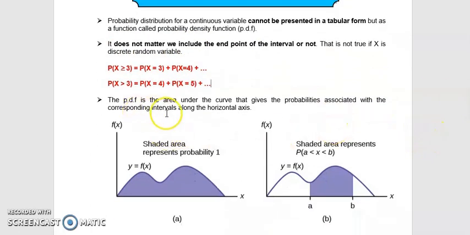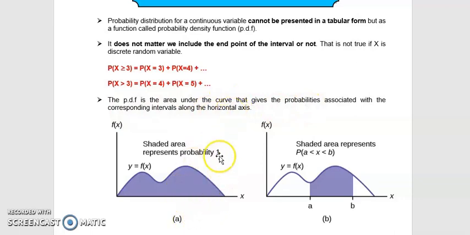The PDF, or the probability density function, is the area under the curve that gives the probabilities associated with the corresponding intervals along the horizontal axis. What is meant by area under the curve? The shaded area, the purple one here, means the area under the curve. This area gives the probability for a certain interval.